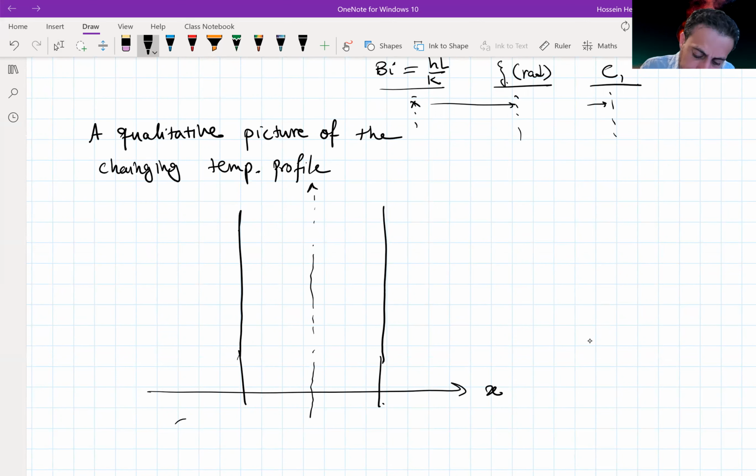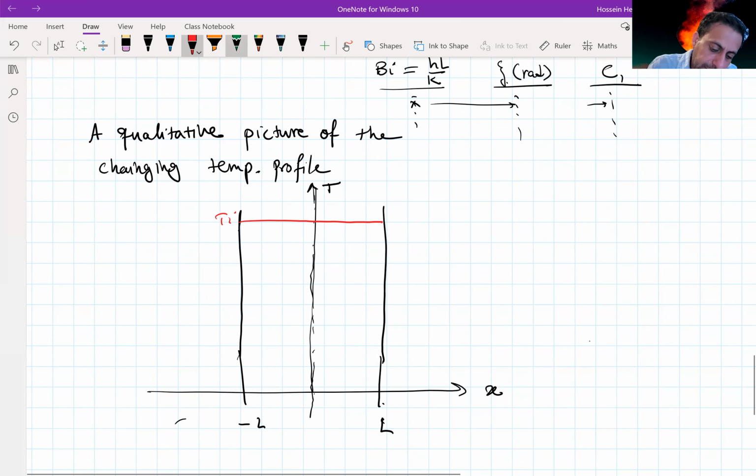Let's assume I'm plotting temperature here. This is from minus L to L, starting from an initial temperature of Ti. So assuming everywhere initially is Ti, then what we are going to see here is conduction inside the solid. So let's say now it's been exposed to a temperature of T infinity, which is here.